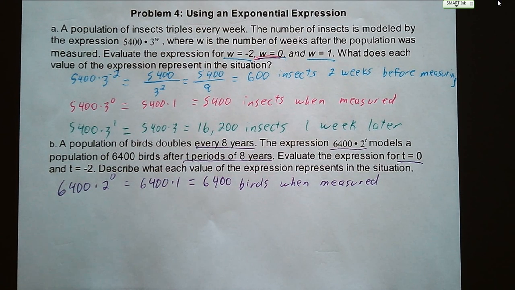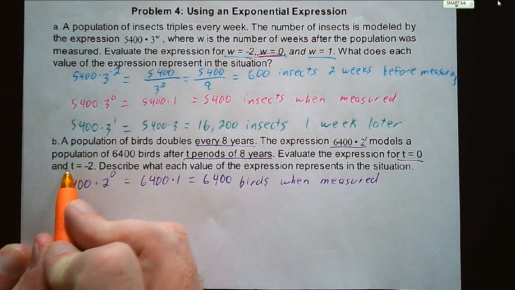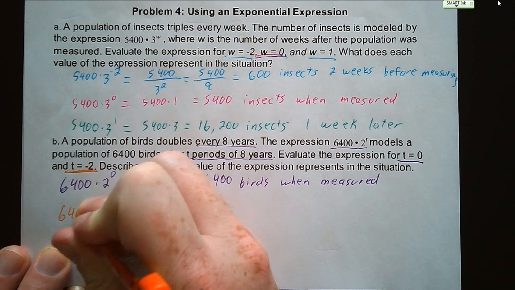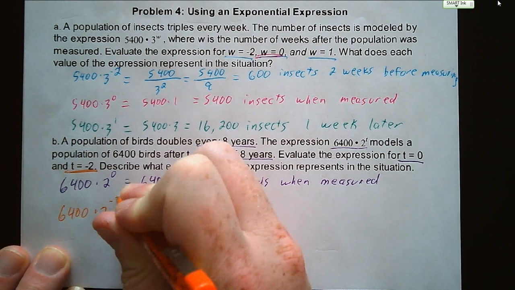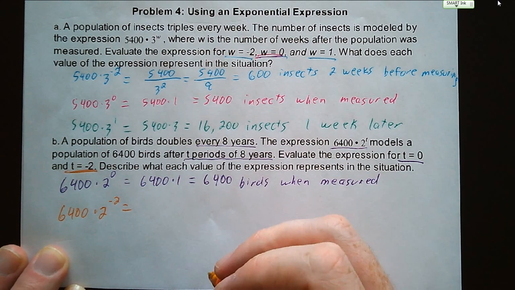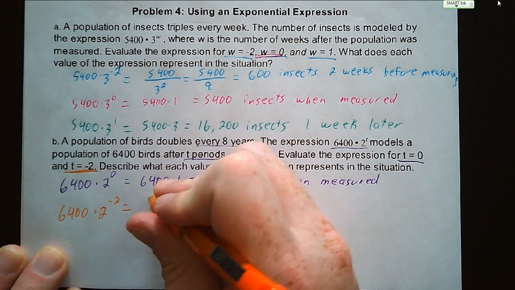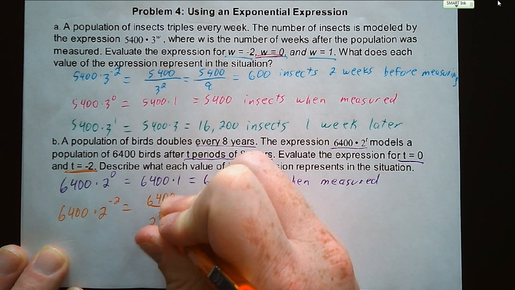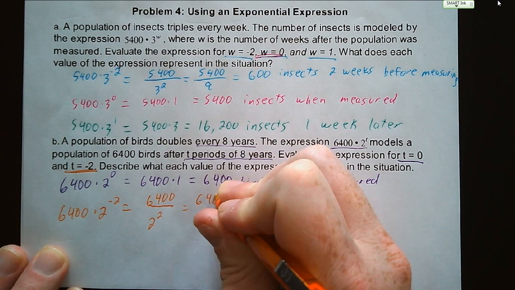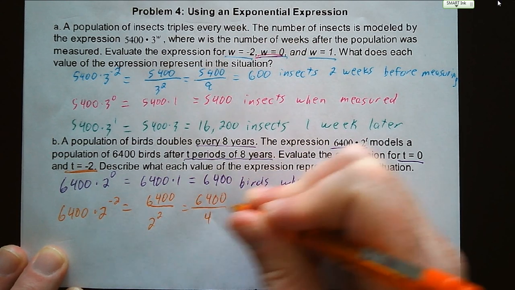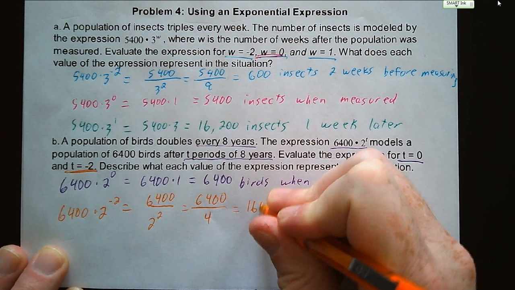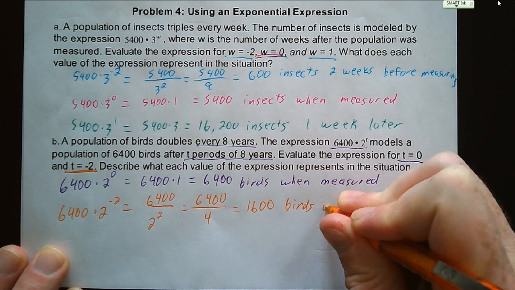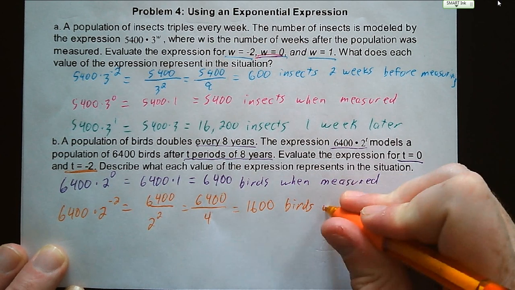So now we need to use our second value for t, which is -2. So we have 6,400 times 2 to the -2nd power. Well, let's rewrite that with a positive exponent. So we have 6,400 over 2 squared, which is 6,400 over 4, or 1,600 birds. And we want to know how many years before.